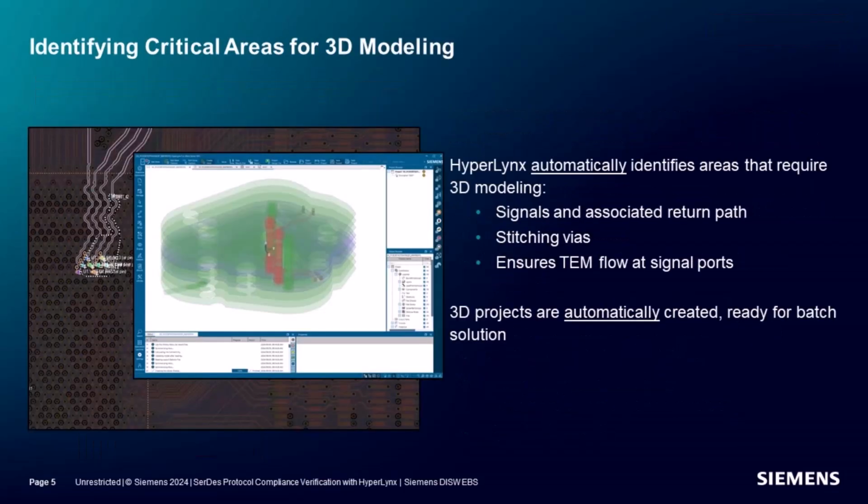Hyperlinks uses the DRC engine to find the areas on the board that require 3D modeling. The signal and its associated return path are fully modeled, and the area boundaries are chosen to ensure TEM flow at the signal ports. Hyperlinks automatically creates the corresponding simulation projects for the 3D full wave solver, ready to be solved in a batch analysis.